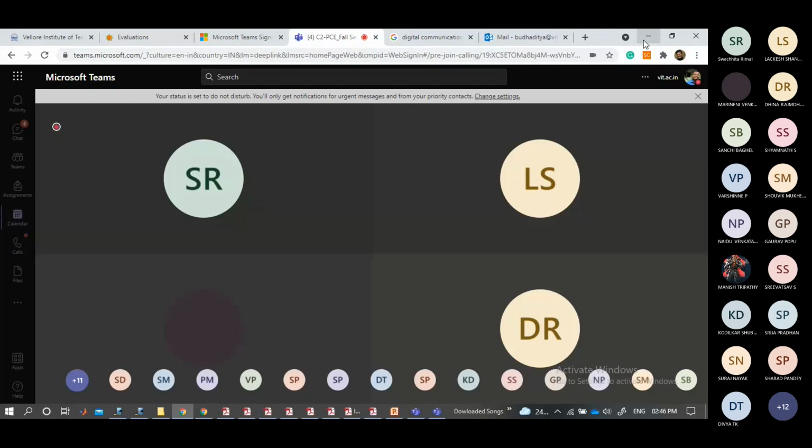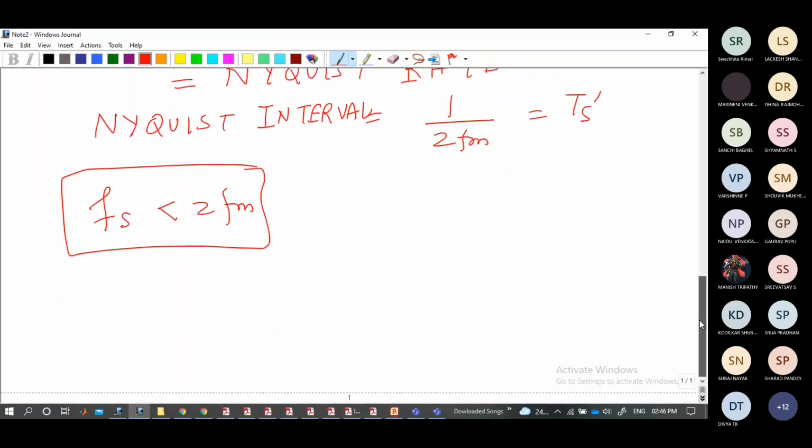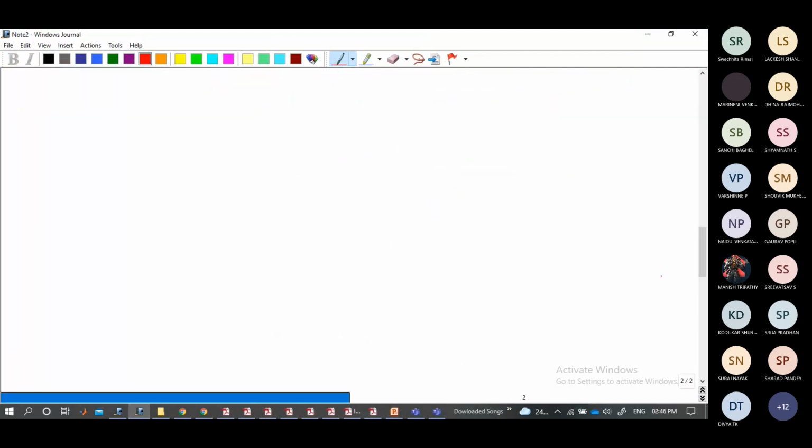Let me take a small test of yours, so that I can be assured that you are able to understand. Suppose you have an analog signal. This is just a small numerical example.